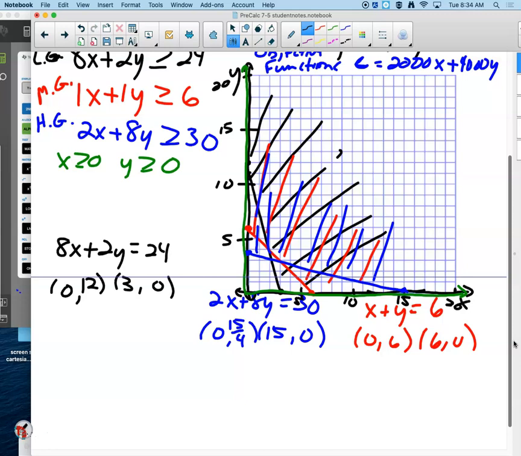Because when you have these unbounded feasible regions, it's a little harder sometimes to make out where are we looking for? What are those spots?